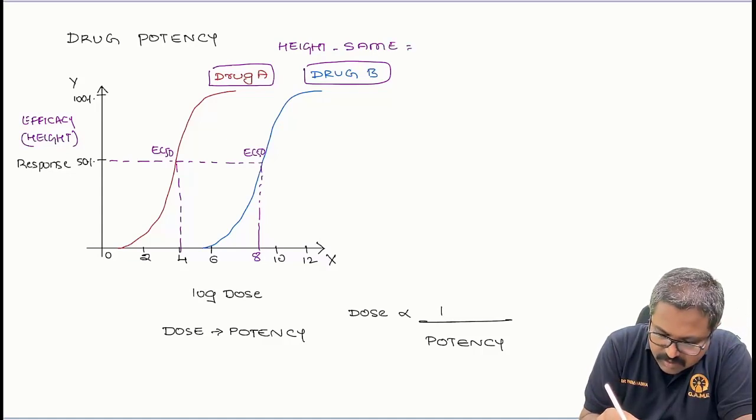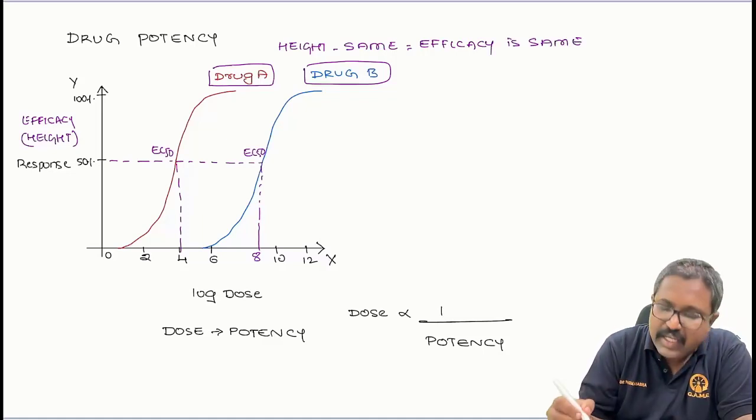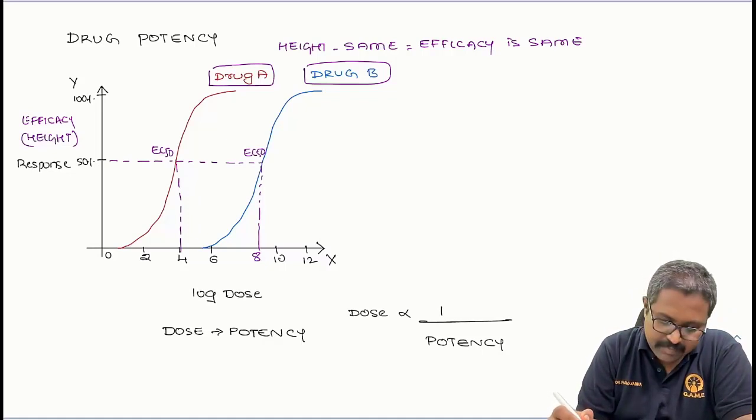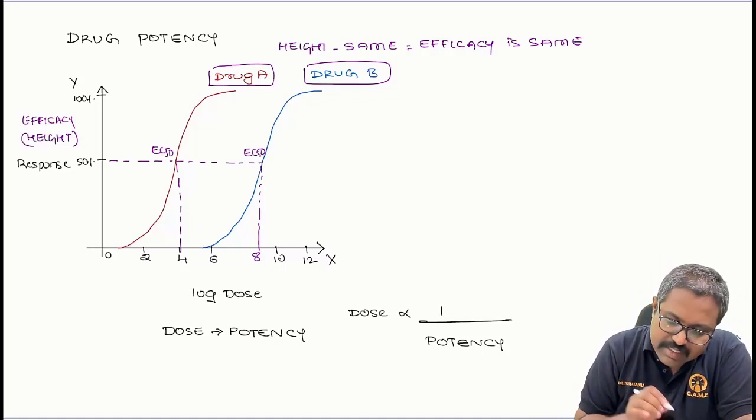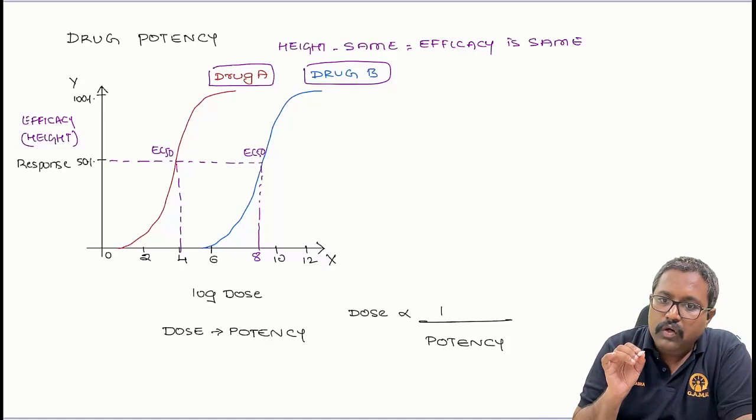That means the efficacy of drug A and drug B is the same, but to produce the same response as that of drug A, drug B dose has to be increased.